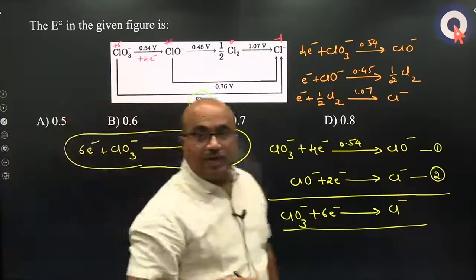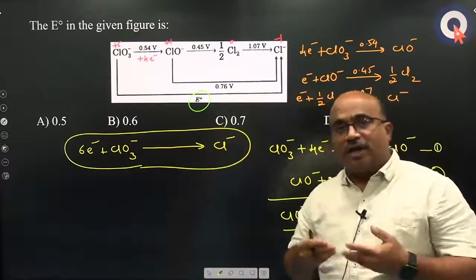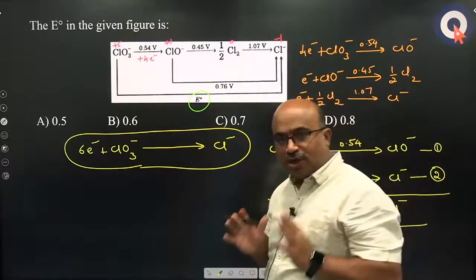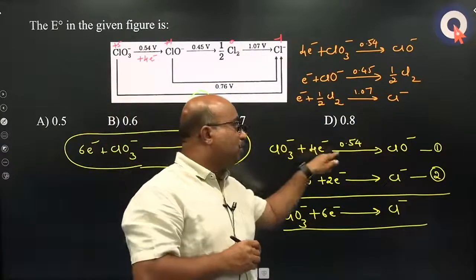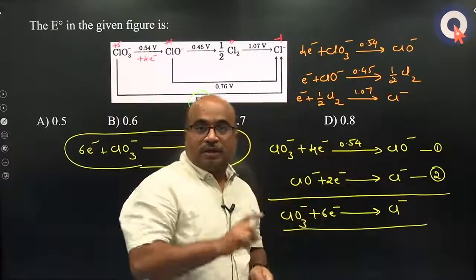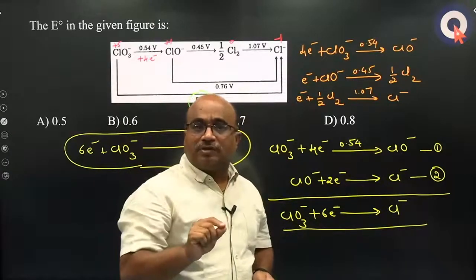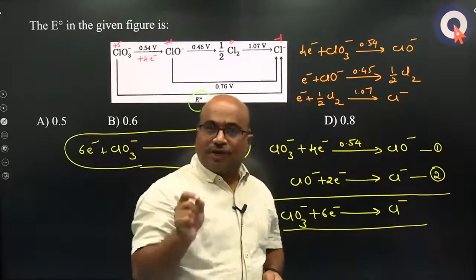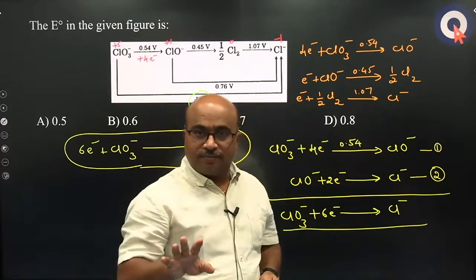So the condition here is, when any half cell reactions are taken, if you want to predict the third half cell reaction potential, what we do is, we convert the potentials into their Gibbs free energy changes, because Gibbs free energy changes are always extensive. You can add those free energies, but direct potentials we can't add.